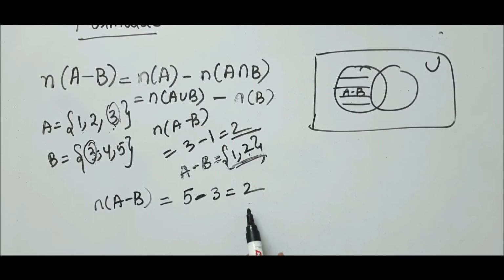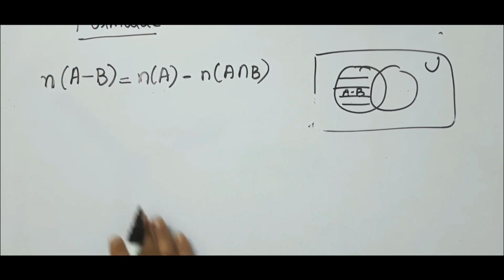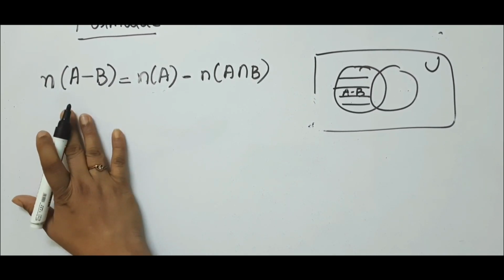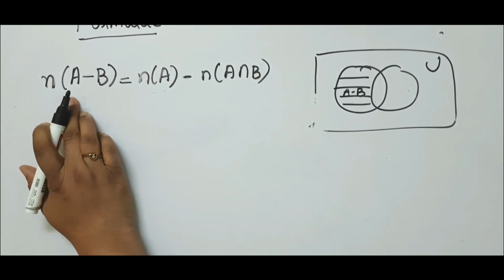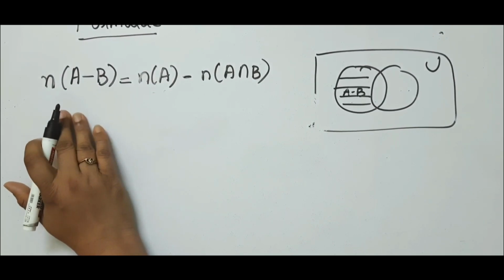The result is 2. So when we want to solve the problems, that is, when we want to count the number of elements of A minus B, first concentrate on the set A, and subtract the intersection from it.